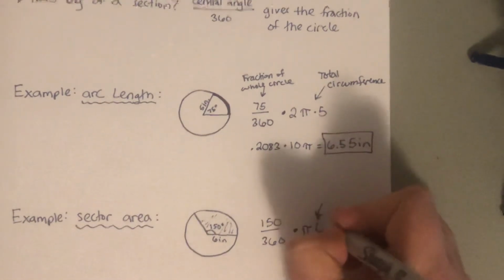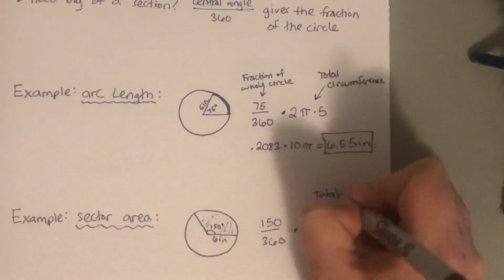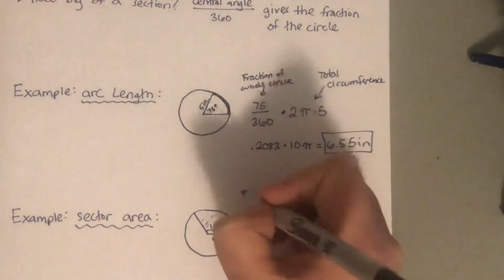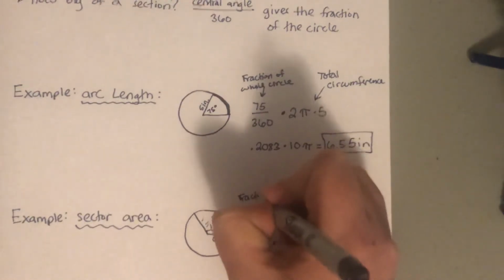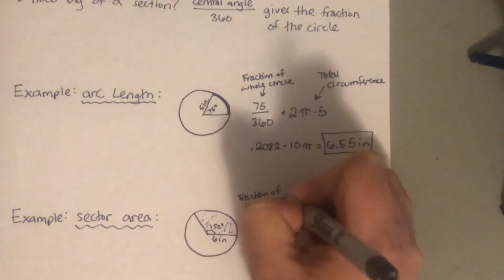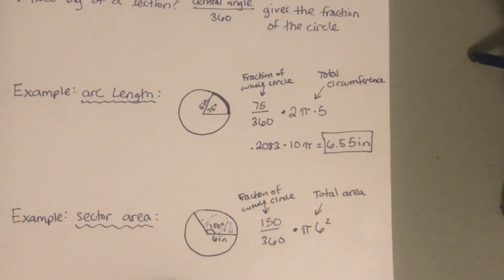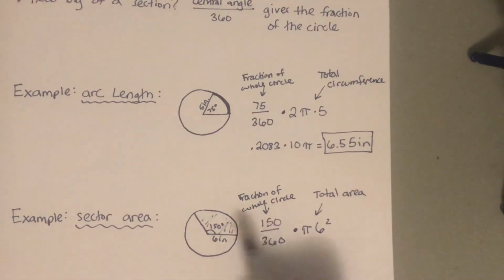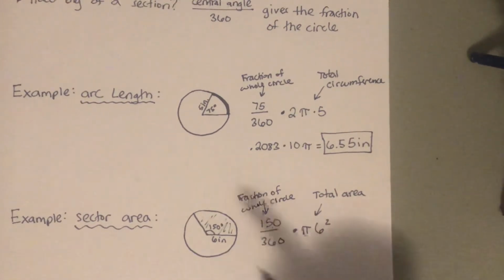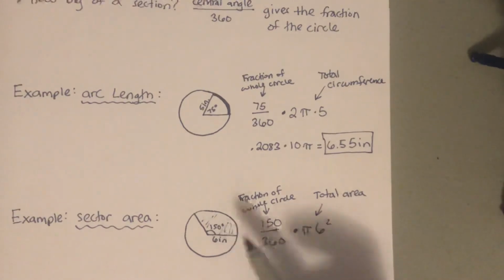So we have the total area multiplied by the fraction that we're looking at. We're looking at the sector that goes to 150 of the total 360 degrees. We take the area of the entire circle and multiply it by that fraction, and then we get just the area of this sector.